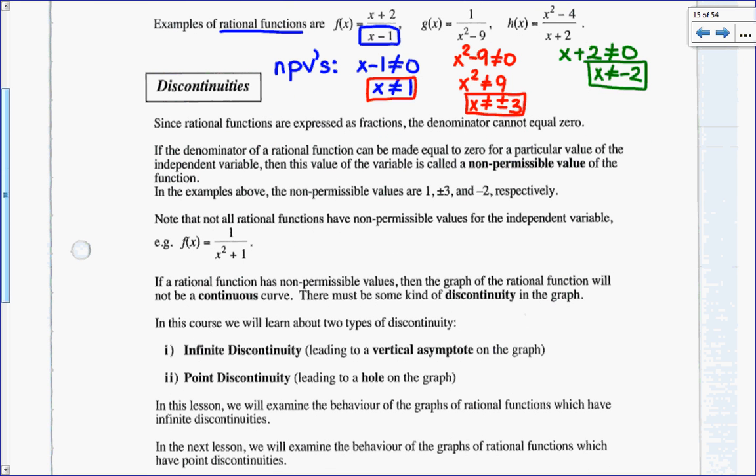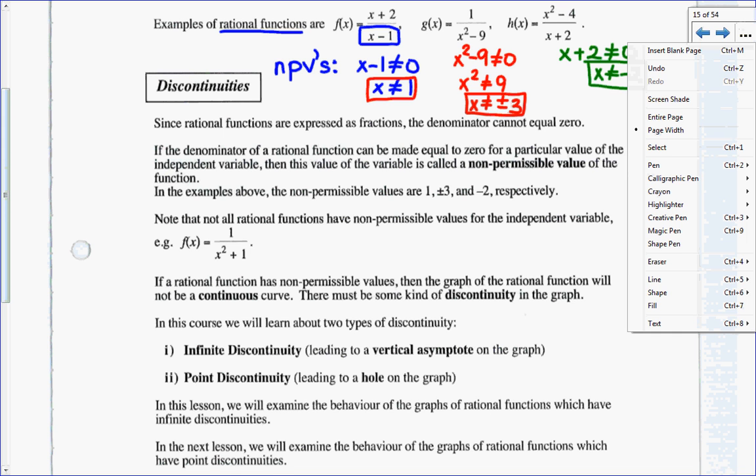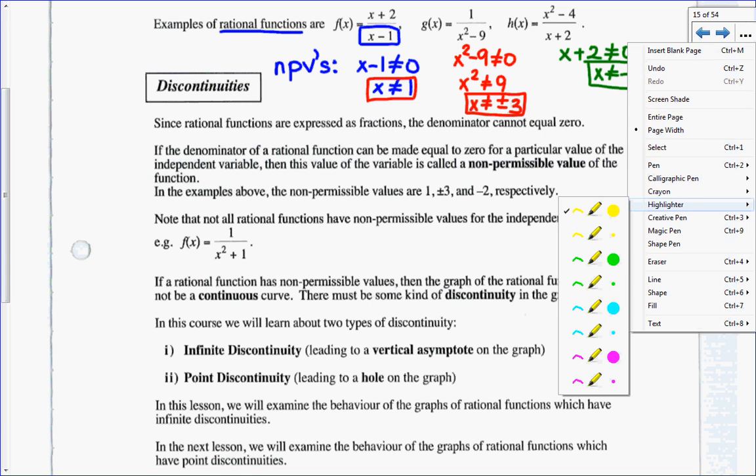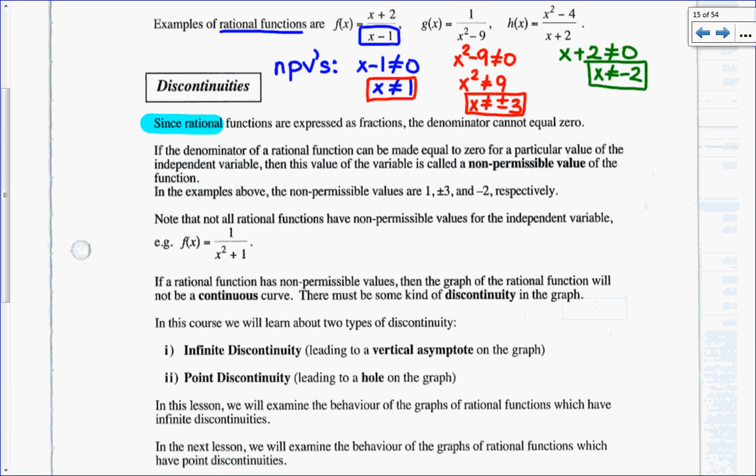Okay, so since rational functions are expressed as fractions, we know that the denominator cannot equal 0. We've just shown that with non-permissible values. So just grab a highlighter here, highlight that sentence, because that is very important when you're talking about rational expressions, fractions. The other thing that also is very important here is that if the denominator can be made equal to 0 for a particular value of x, then this value of the variable is called your non-permissible value.